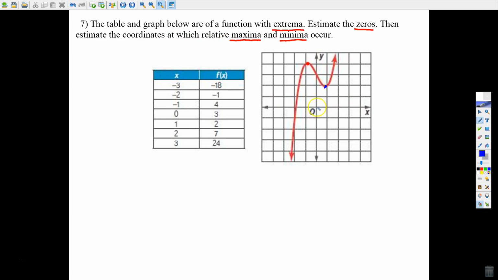And here's 0. This is x equals negative 1, and then negative 2 at this place, negative 3, and so forth.